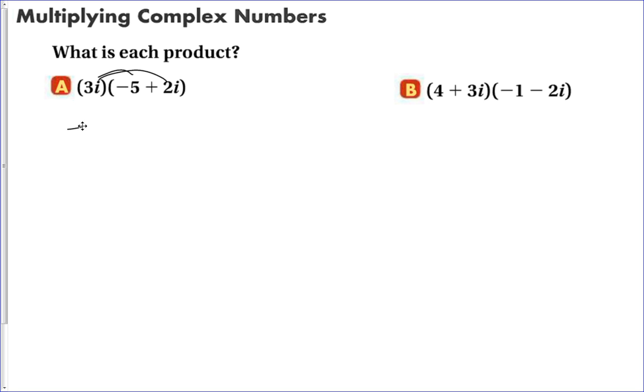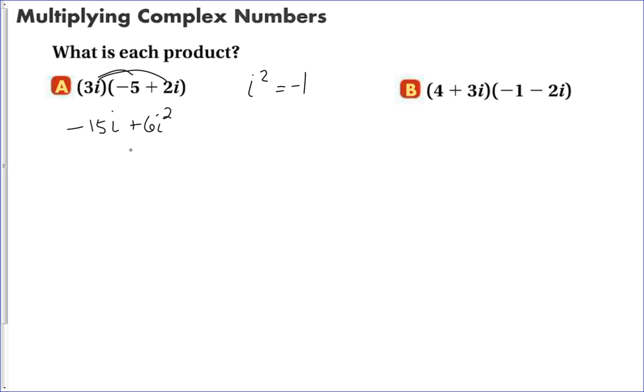We're going to get negative 15i plus 3 times 2 is 6. I times I is I squared. Now, the only difference here is I squared equals negative 1.